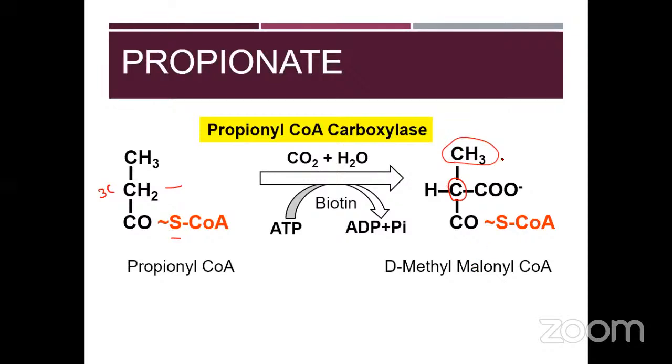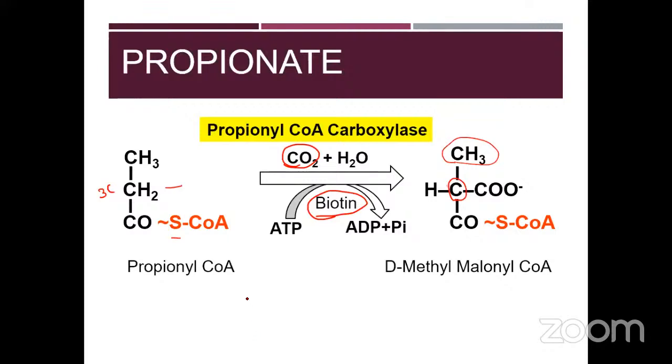Okay, D-methylmalonyl CoA is formed. It is biotin dependent. I told you most carboxylation reactions, or the addition of carbon dioxide, need a coenzyme called biotin, which is a B-complex vitamin. So biotin dependent carboxylation produces D-methylmalonyl CoA. You need not worry. This propionyl CoA conversion to D-methylmalonyl CoA and the rest you'll study under lipid metabolism.